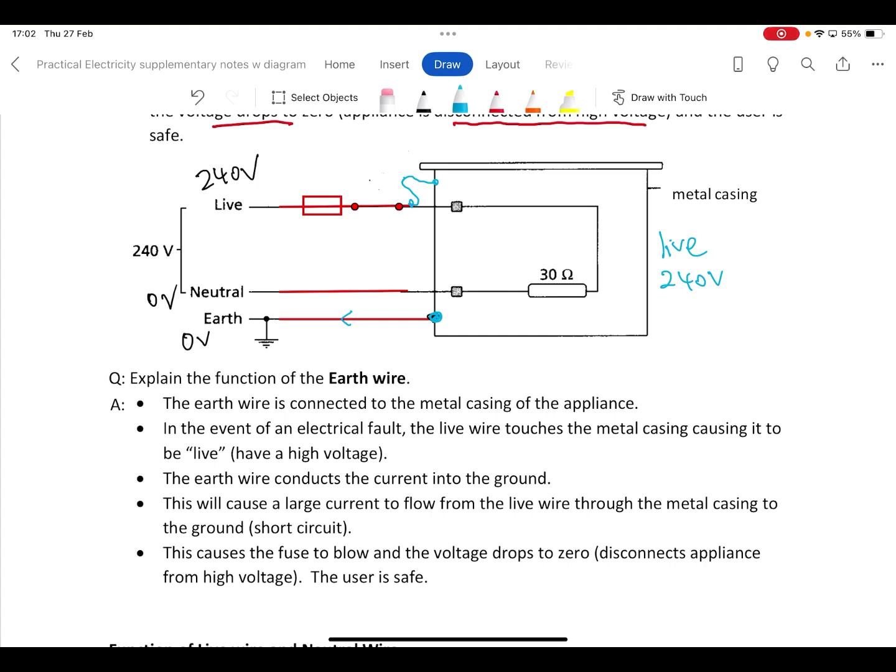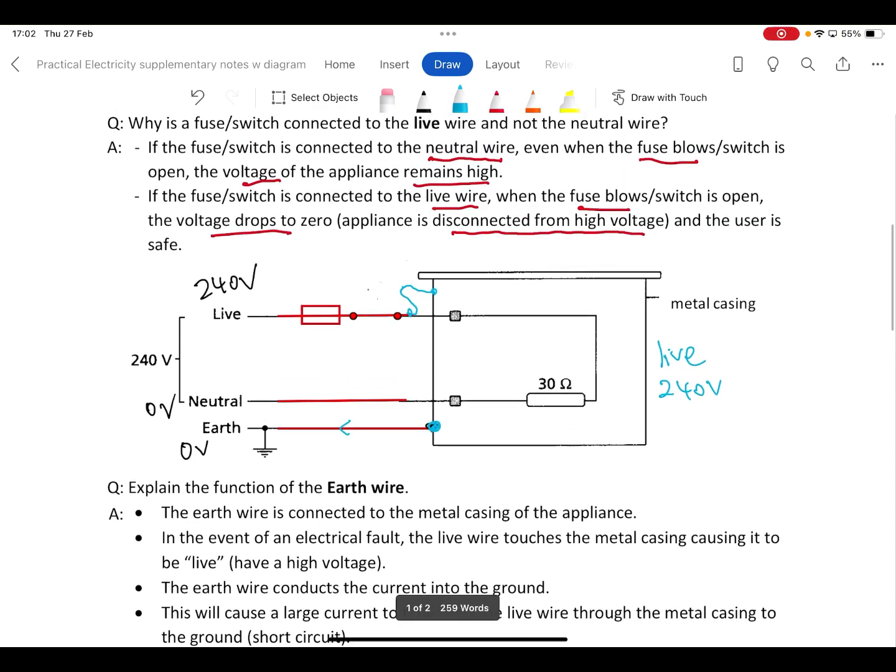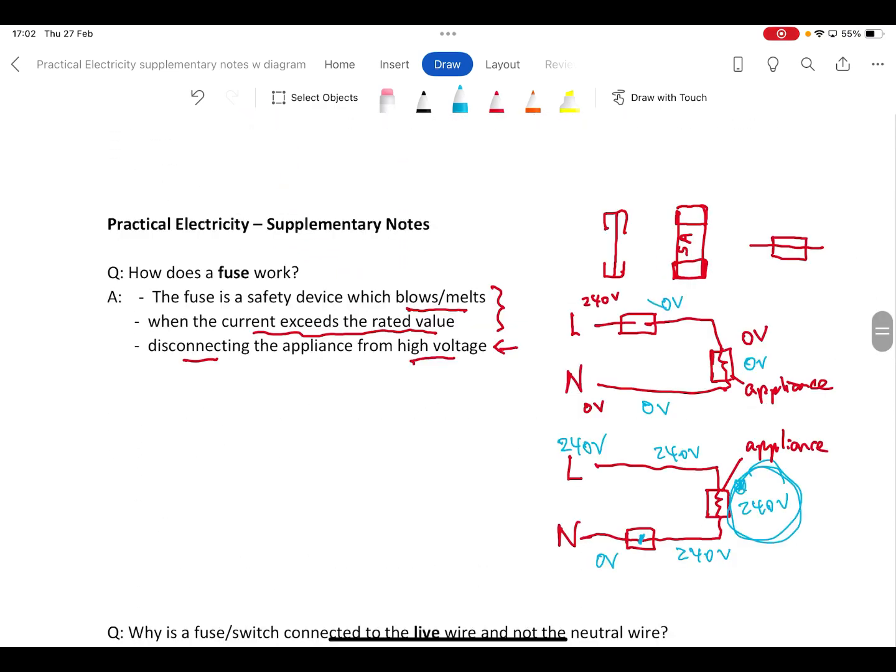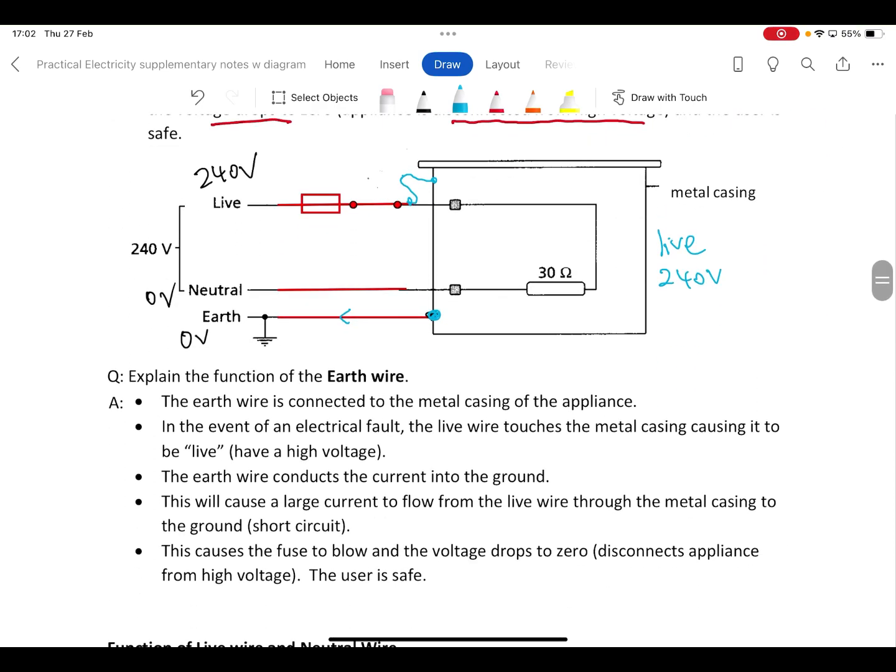The current will flow through the earth wire instead of through the person touching the metal casing. You understand what I'm saying? So the current will now flow through the earth wire instead of the man touching the metal casing. That is providing a low resistance path for the current to flow.